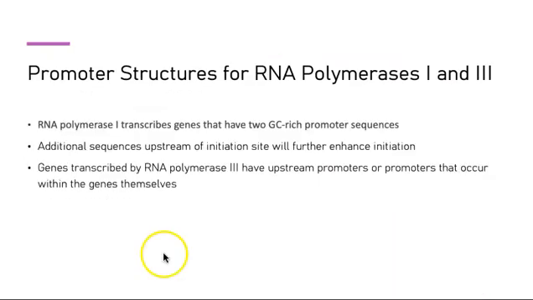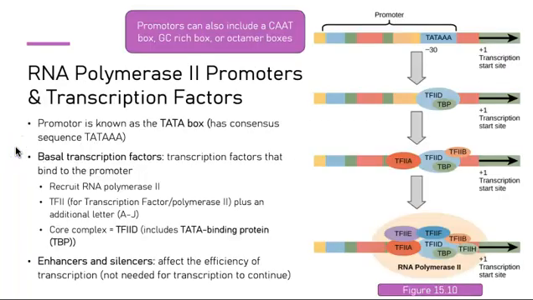Now, if we're going to utilize RNA polymerase I to transcribe our genes, we are going to have 2 GC-rich promoter sequences. And what was found is that when we have additional sequences that we find further upstream from that initiation site, it can help to enhance initiation.